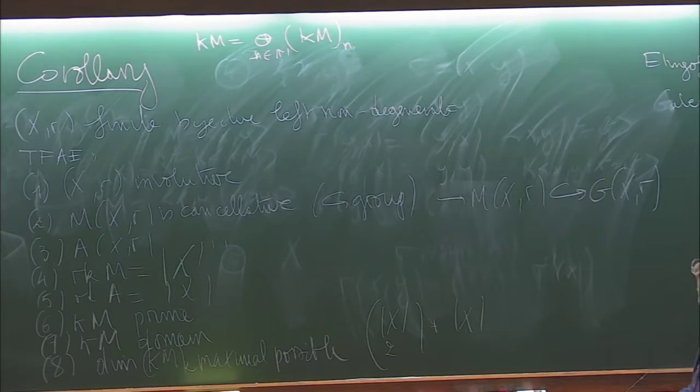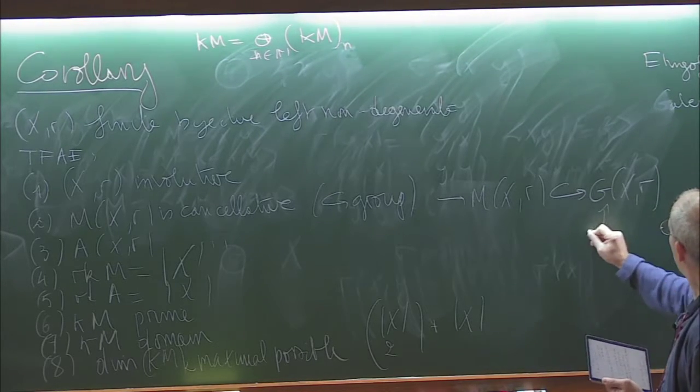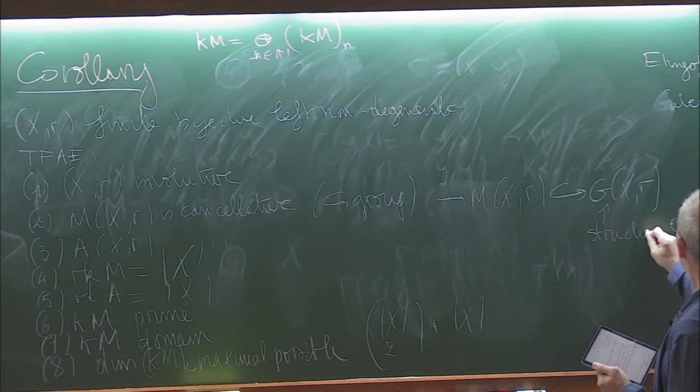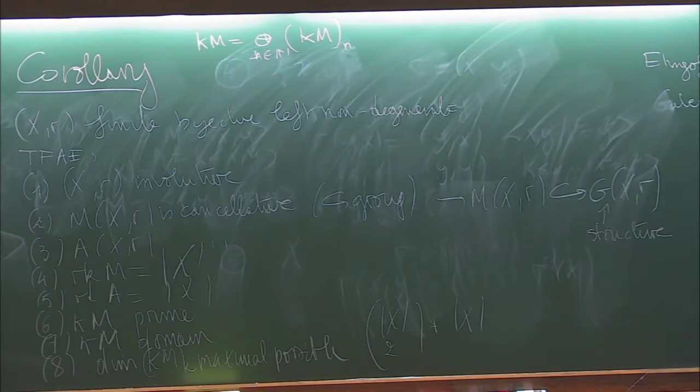And you could wonder, what is the structure of this? And there have been many investigations on this. For example, we know it's a torsion-free group, finitely generated. You could wonder, is this ordered? One of the fundamental questions. You could wonder, when is it polycyclic by finite?